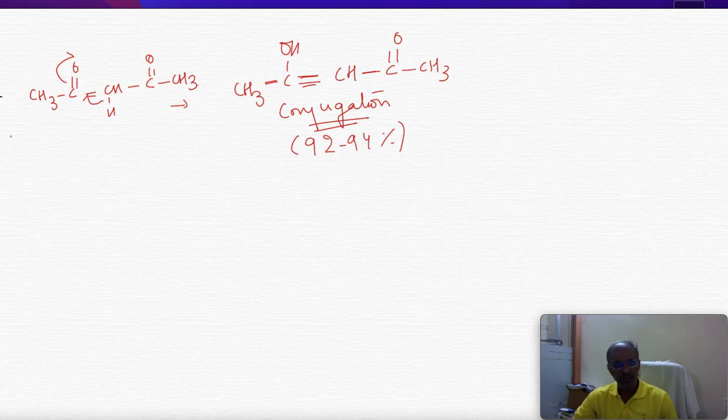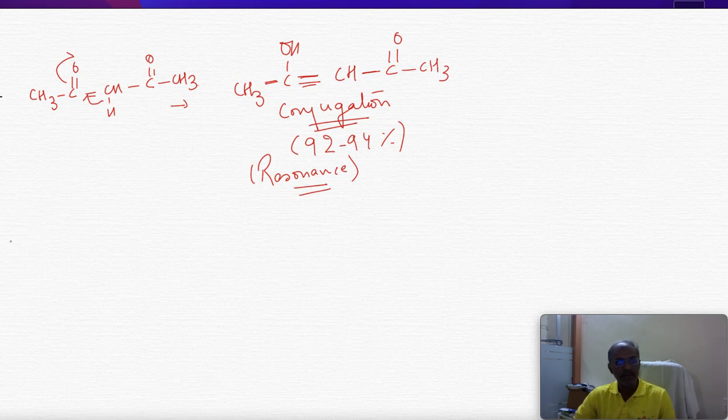So the predominant formation is due to resonance. Again, this OH will go here, this will go here, right? That means this hydrogen atom will go here and here. Again, this hydrogen atom will come here, and so this is resonance or conjugation. Therefore, this is formed.